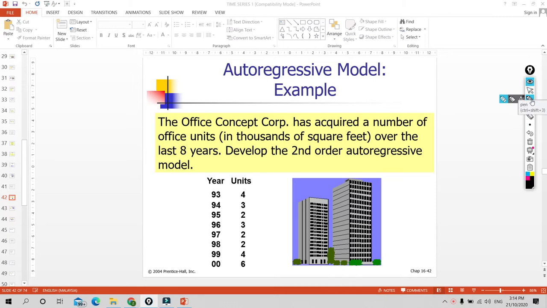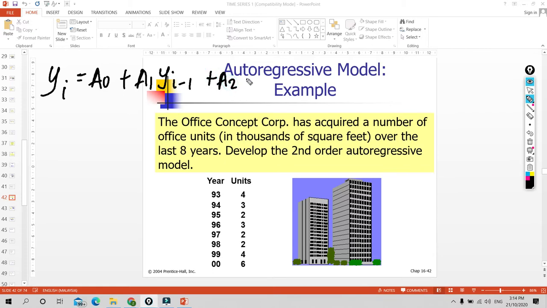If you want to apply the second-order model, we can apply this formula: y i is equal to a naught plus a1 multiplied by y i minus 1 plus a2 y i minus 2.